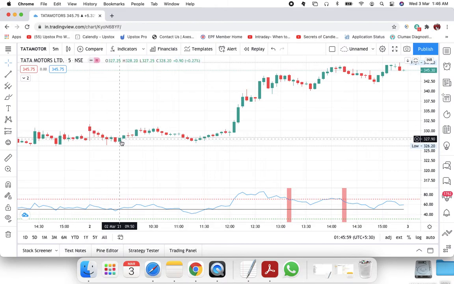The green candle represents the buyers are active at that point of time, and the red one represents the sellers are active at that point of time. This is very basic information which everyone should know and understand.